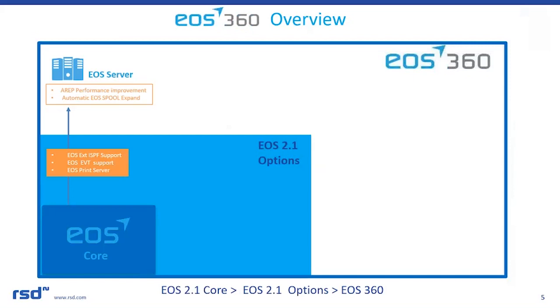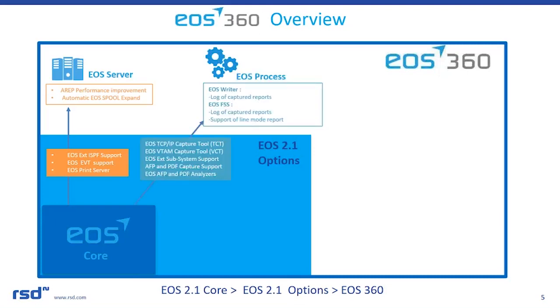In EOS 360, some of the improvements are the change in the structure of the AMI and providing performance enhancements in both search and restore for archived reports, and then also for the AREP cycle. Significant improvements in that. And then also the automatic spool expand that I think many of you are probably interested in as well.